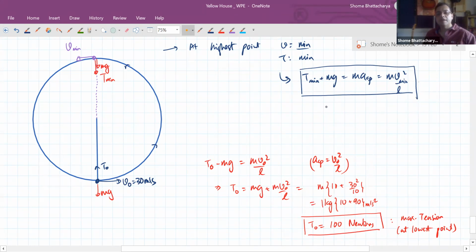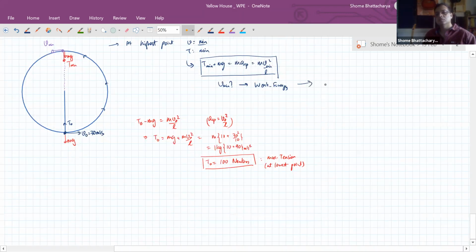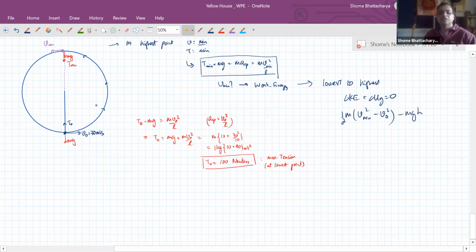Okay. Now to use this equation, we have to find this V minimum at the highest point. So we use work energy, conservation of mechanical energy, from this lowest point to this highest point. So half m into V minimum at the highest square minus V naught at the lowest square, minus mgh, where h is the total height it's climbing, that is nothing but 2L, should be 0.